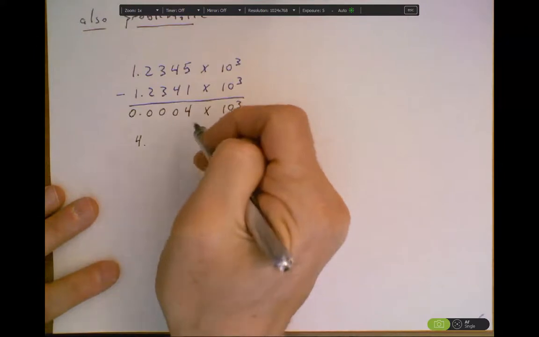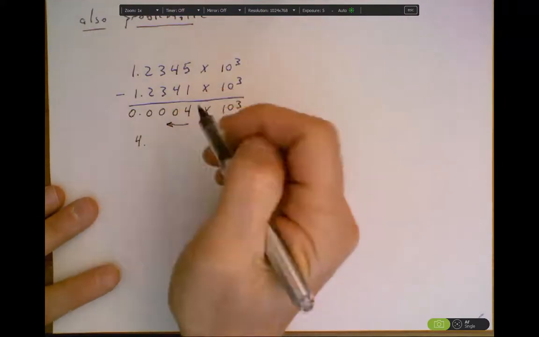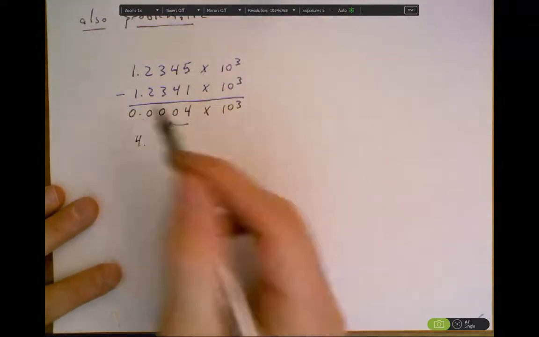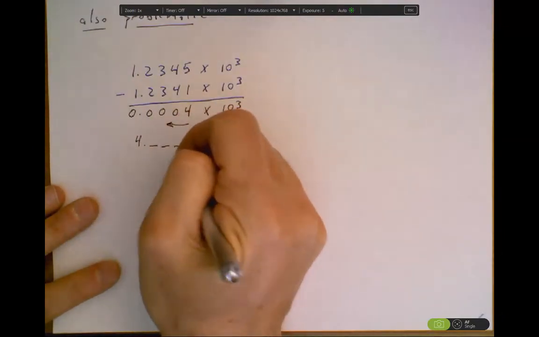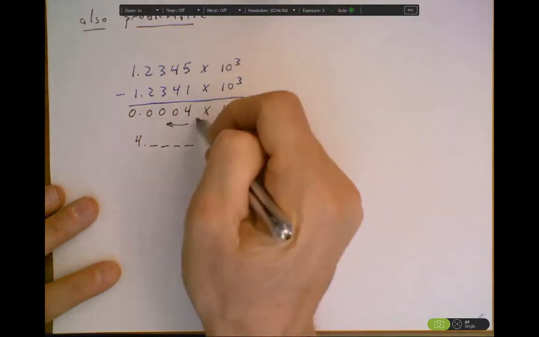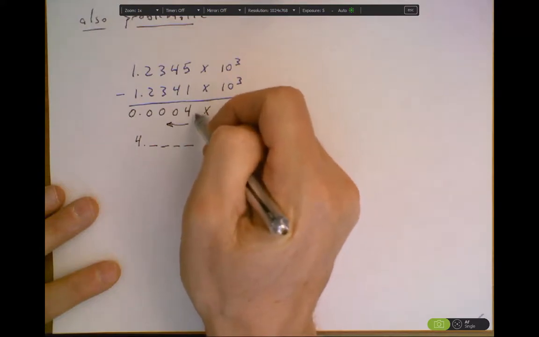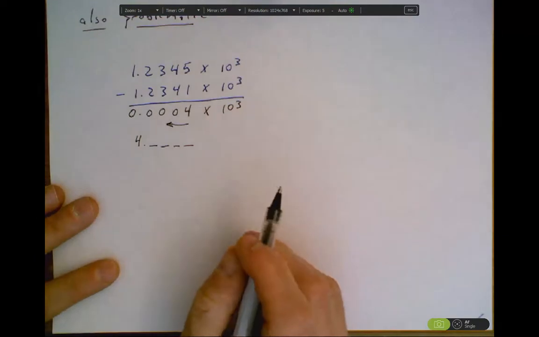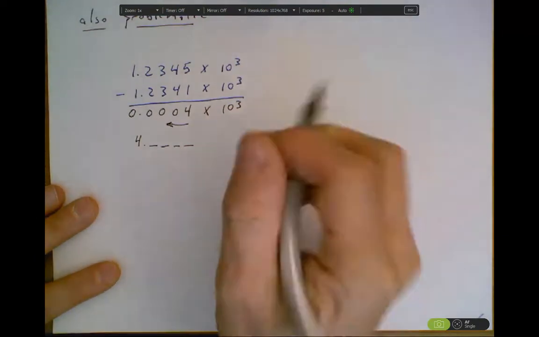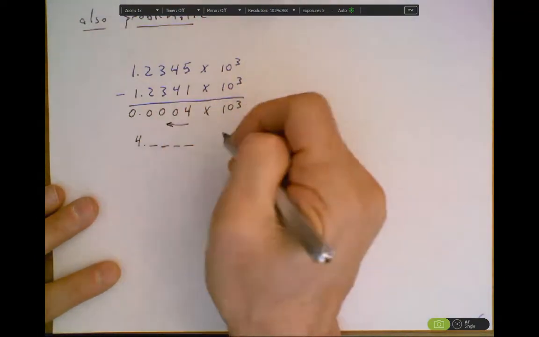But the question is, as I shift to the left 1, 2, 3, 4 positions, what am I going to do here? I'm bringing in stuff from the right. I don't have anything out to the right. So I don't really know what those bits are.